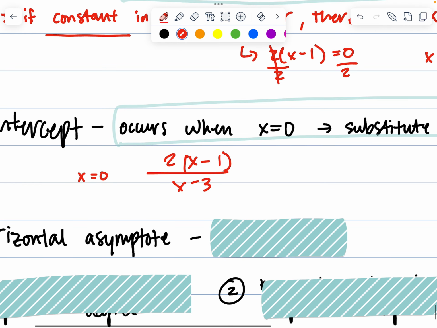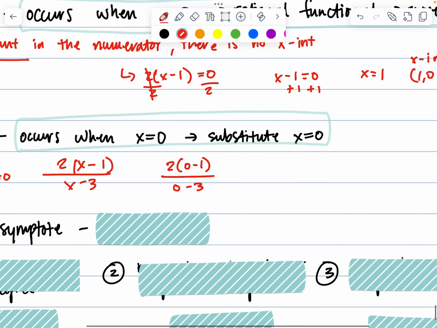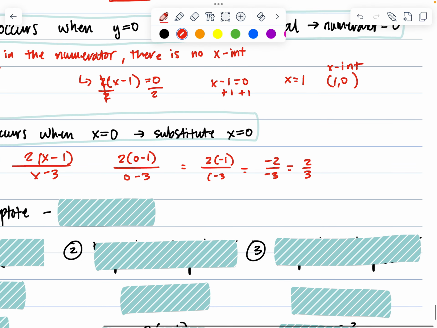Anywhere you see an x, you plug in 0: 2 times 0 minus 1, all over 0 minus 3. So we end up getting 2 times negative 1, because 0 minus 1 is negative 1, over 0 minus 3, which is negative 3. We end up with negative 2 over negative 3, which is equal to 2/3. So our x value is 0, our y value is 2/3. This is our y-intercept.